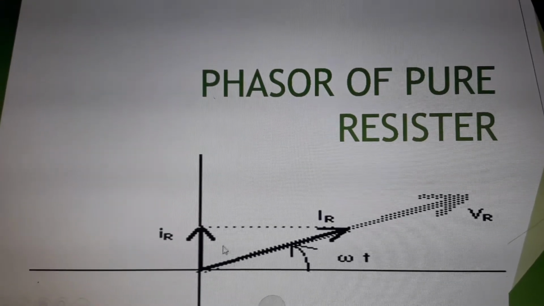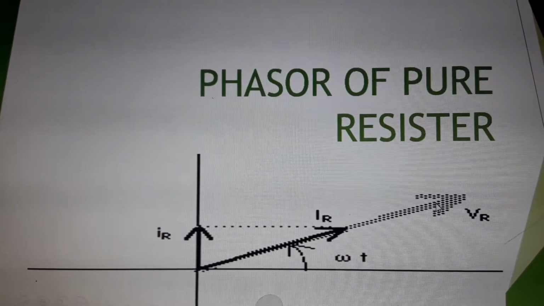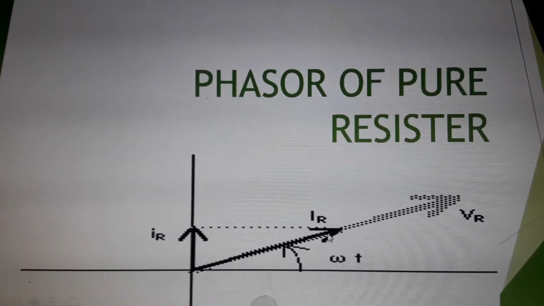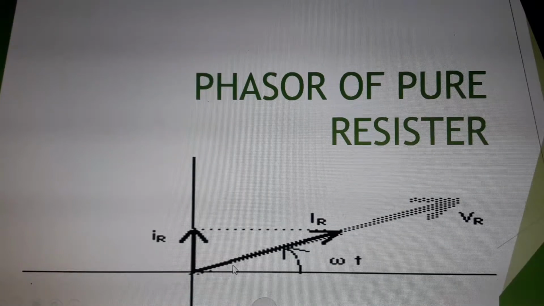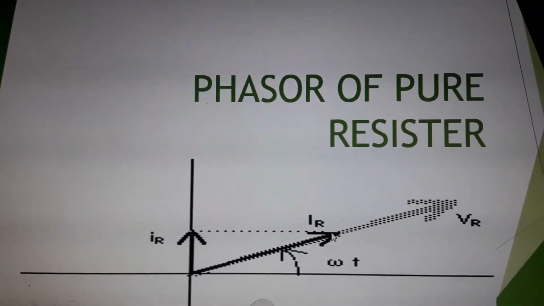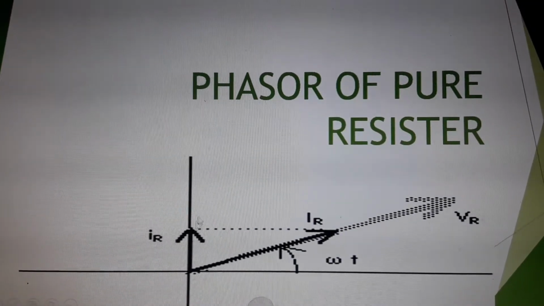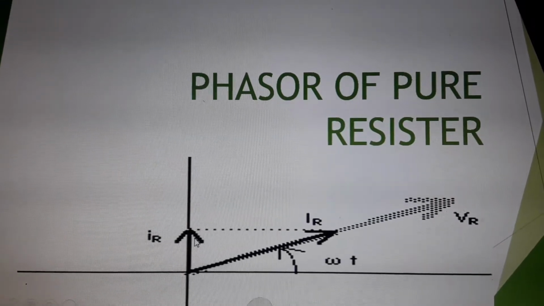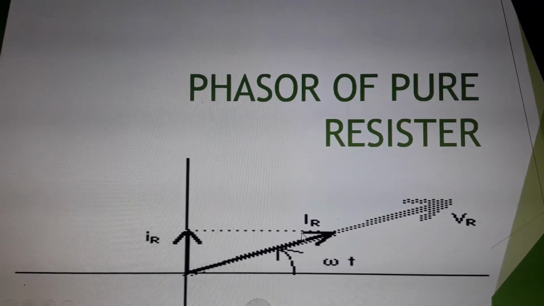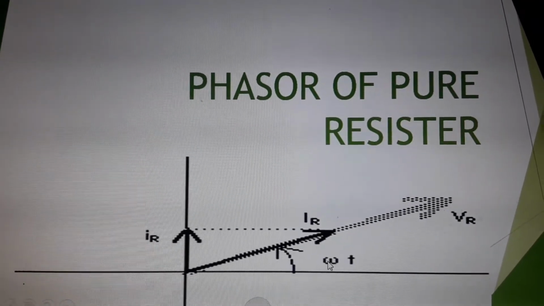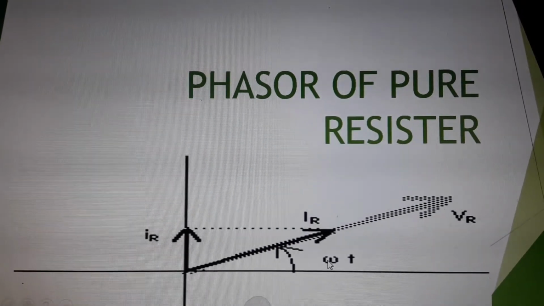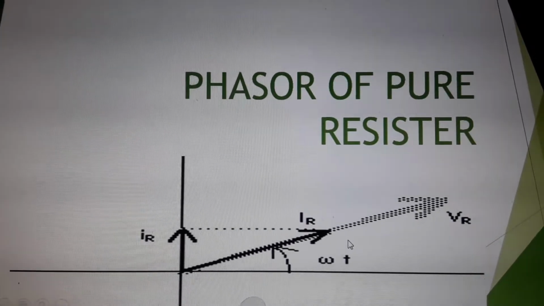The length of the dotted line is V maximum, the V peak, and the length of the current phasor represents the peak or maximum value of current. At any time its y-intercept gives you the instantaneous value. So there is no angle difference between the voltage phasor and current phasor for a pure resistor.